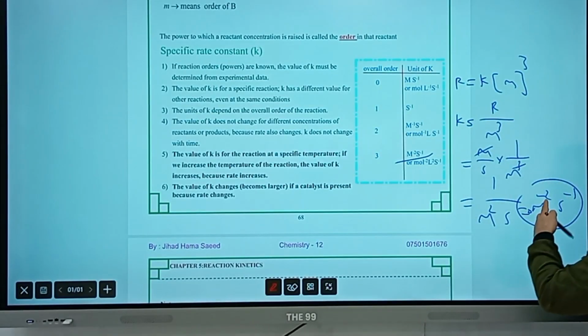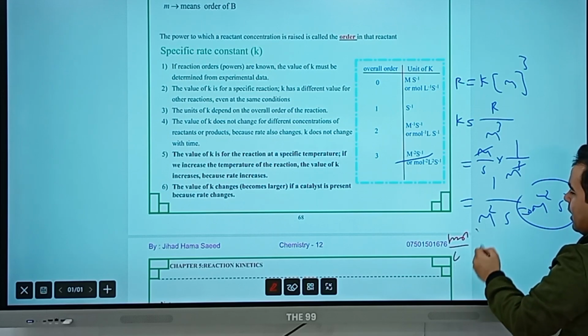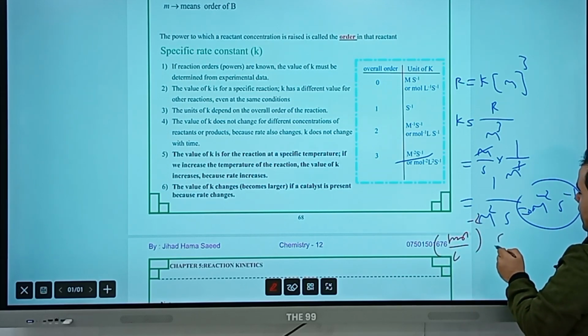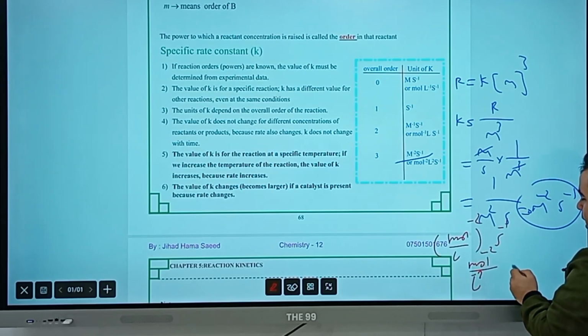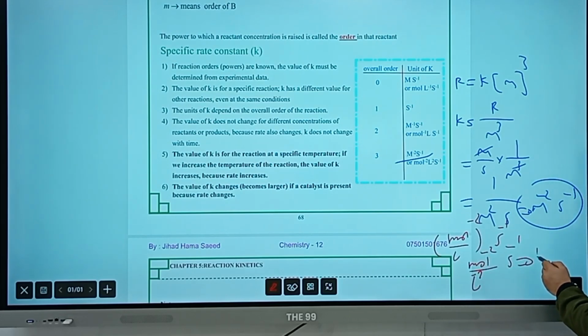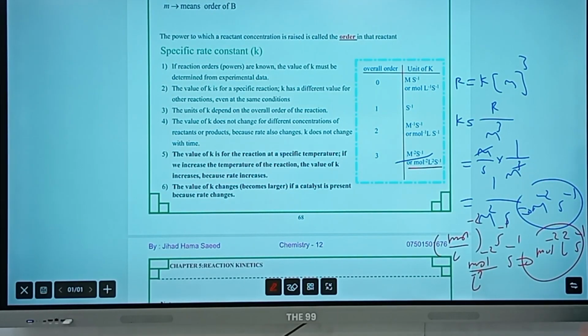Or instead of molarity, just write down mole per liter to the power of minus 2 s minus 1. Mol minus 2 L minus 2 s minus 1, or finally mol minus 2 L 2 s minus 1. That's how we derive the units.